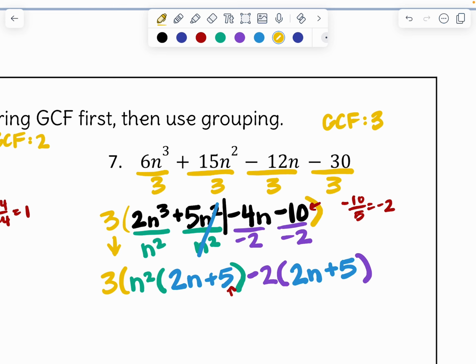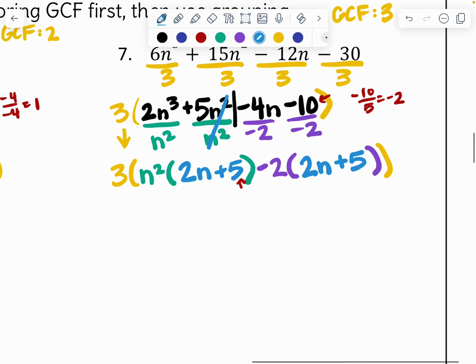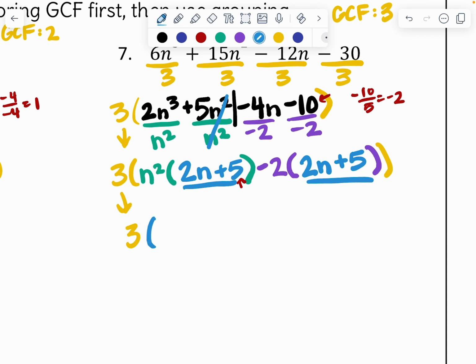We have matching binomials. So I'll bring down 3, factor out the binomial, 2n plus 5. And then what is left is n squared minus 2.